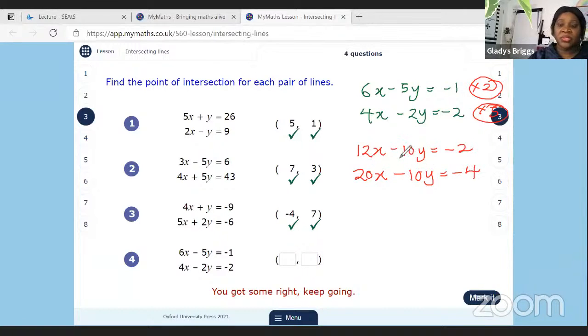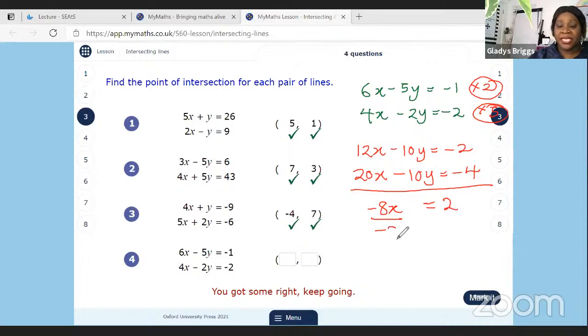Now, what can we do now? Add or subtract? We can subtract, yeah? 12x minus 20x is what? -8x. -10y minus 10y... is -10 plus 10, which is 0. -2 subtract -4 is -2 add 4, which will be 2.